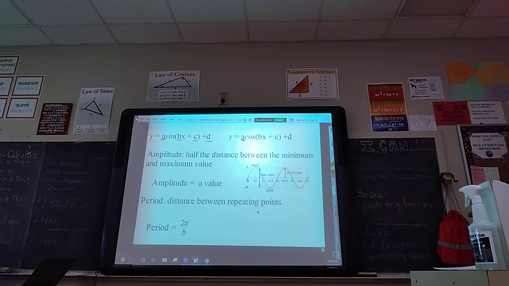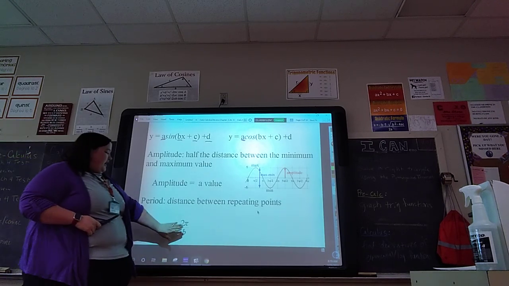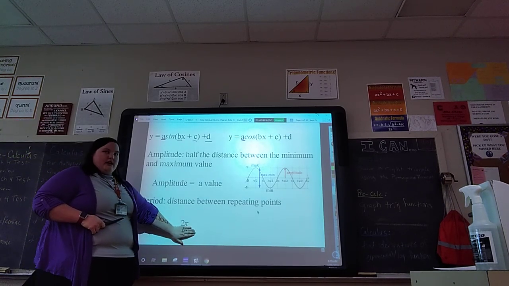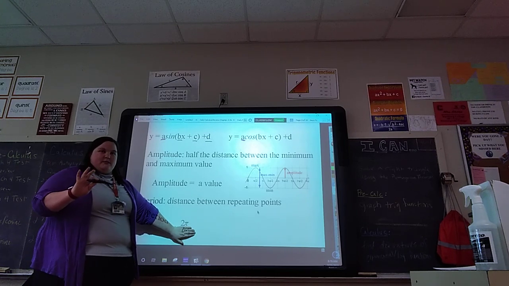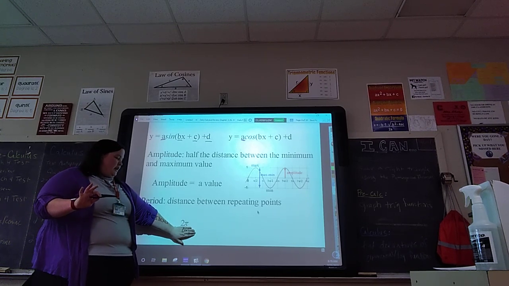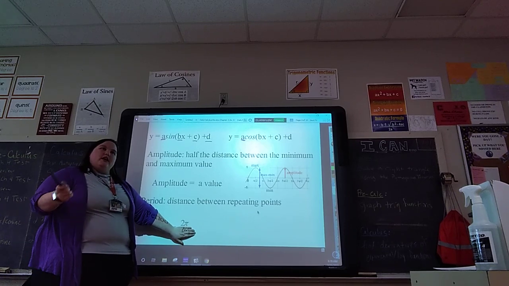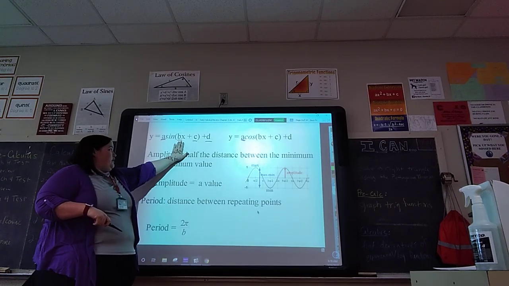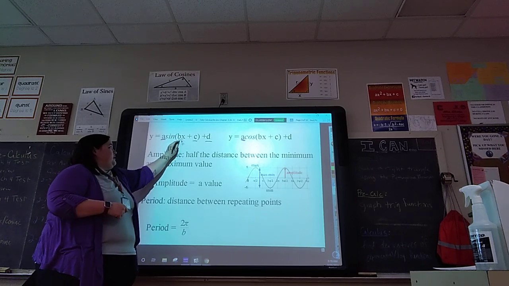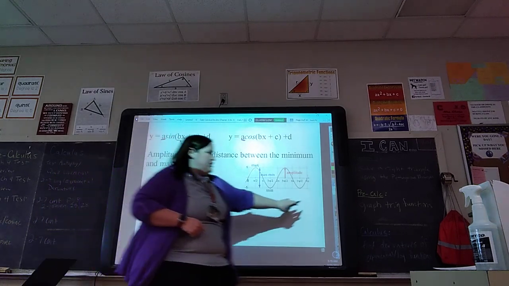So officially it's the absolute value, because if the B is negative, you just take it off and divide by the positive number. But like I said, B is very rarely negative, so it's easier just to think of it as 2 pi over B. Where we get the 2 pi is that's the initial period of the sine function. The parent function of sine takes 2 pi for it to repeat itself. So if you wanted to repeat quicker or slower, all you need to do in the equation is adjust this number, just the B value.